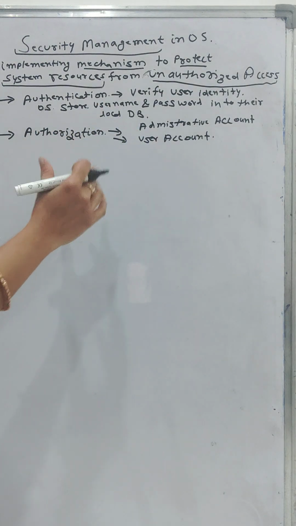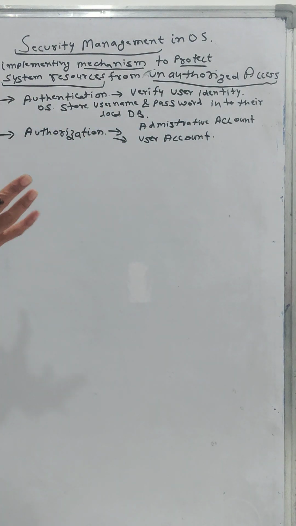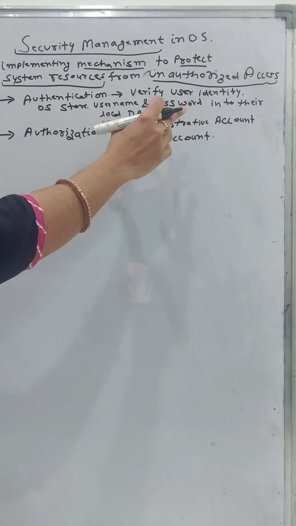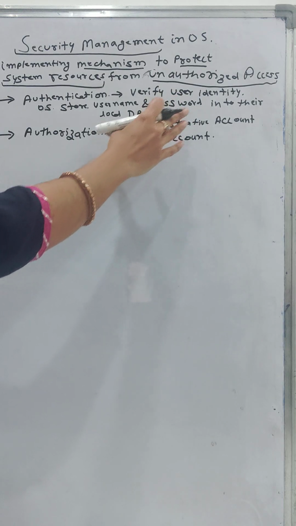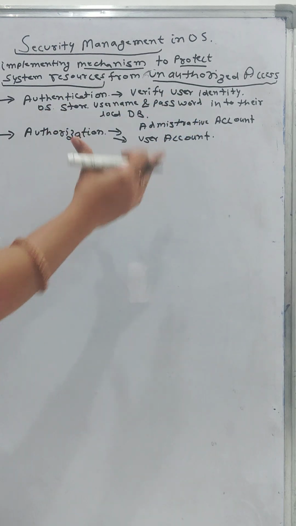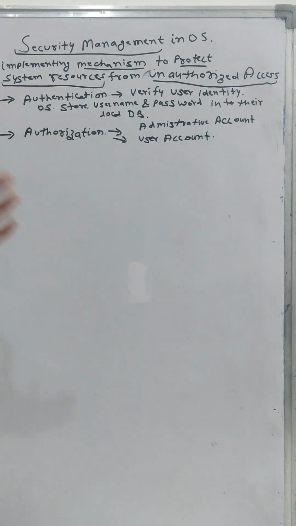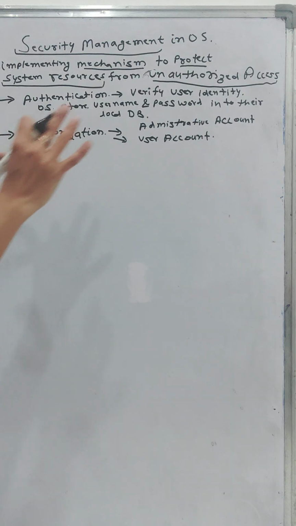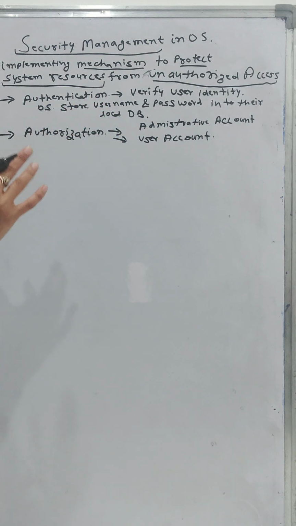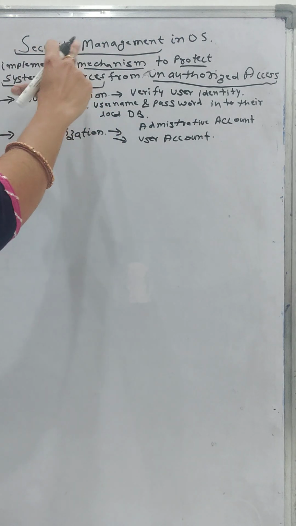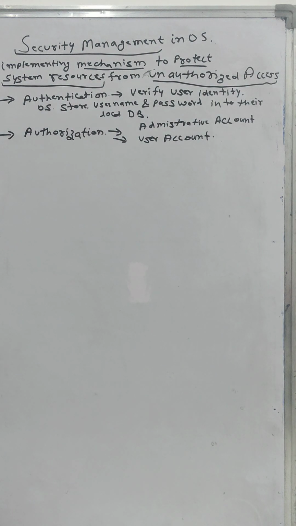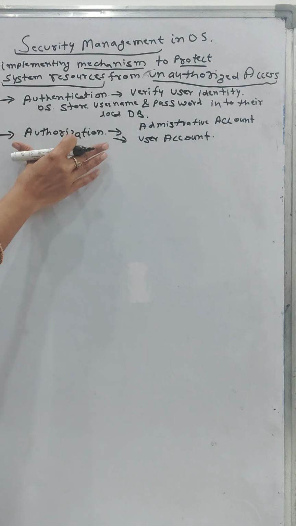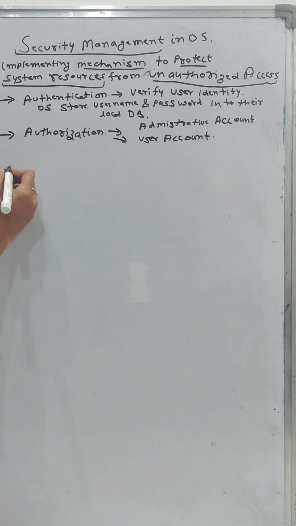If you log into the system using an administrative account, then only you can access some set of files, but a user account cannot access those files. This kind of authorization we can give using the security management component of the operating system. So this is called authorization.